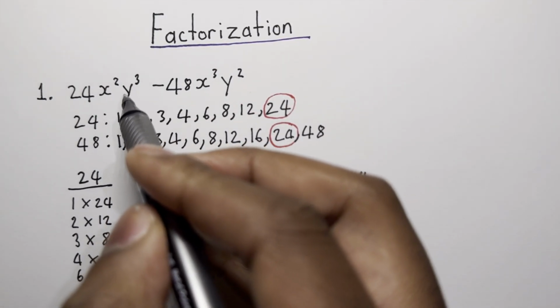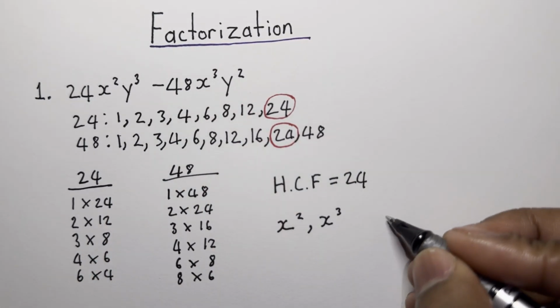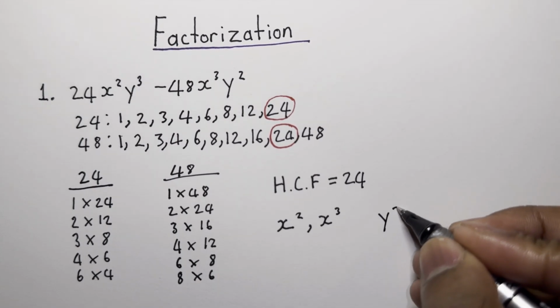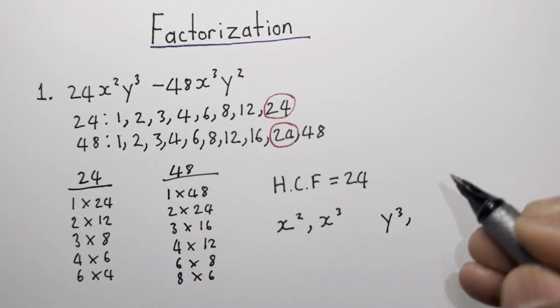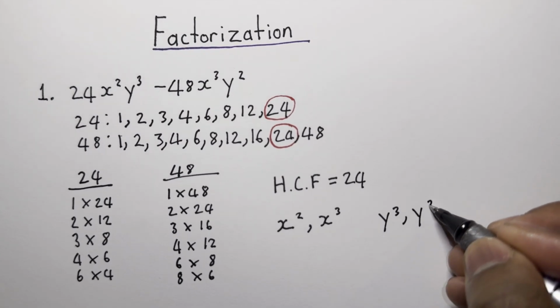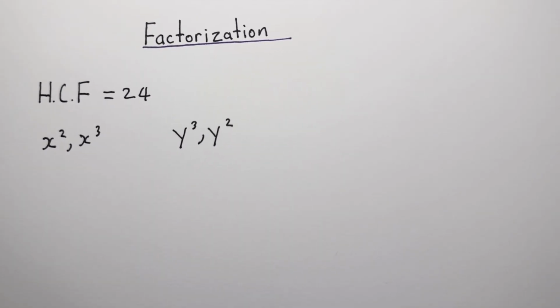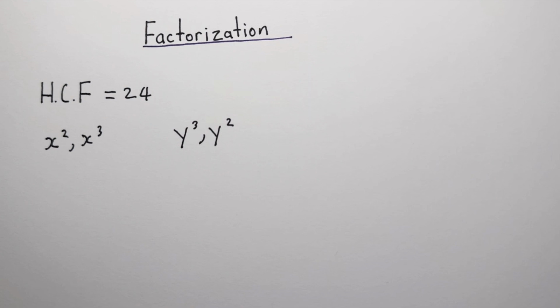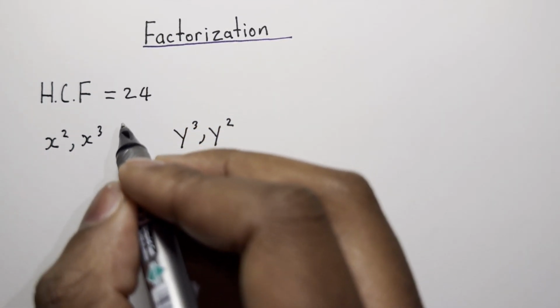And at this side we have y cubed. And here we have y squared. Now we need to finish finding the HCF or the GCF for the entire problem. So we're not finished here.